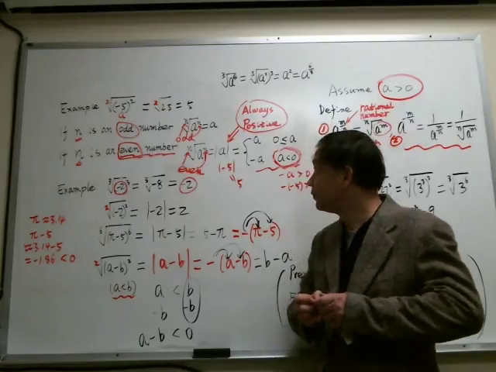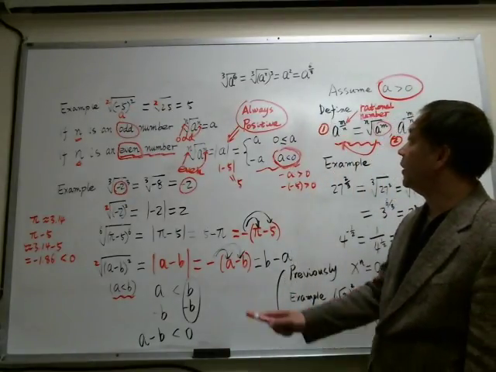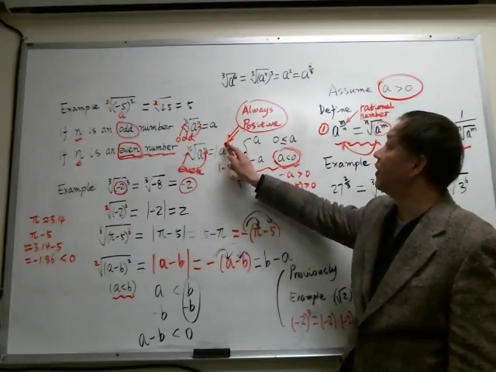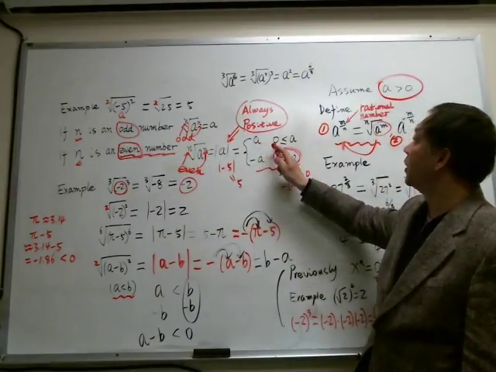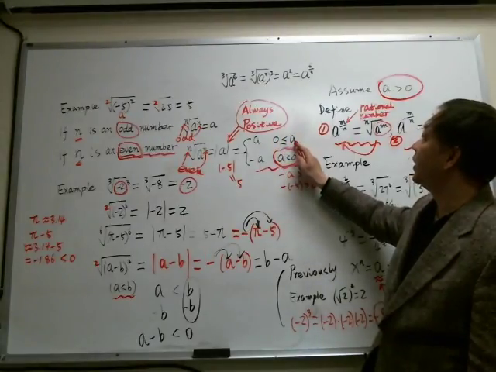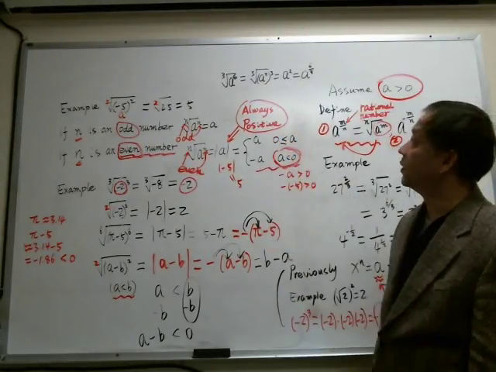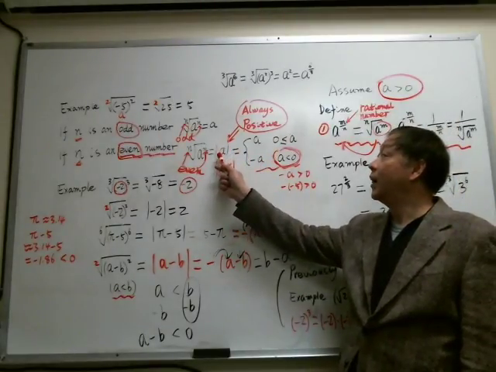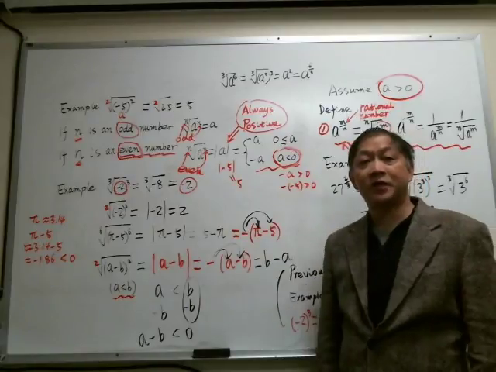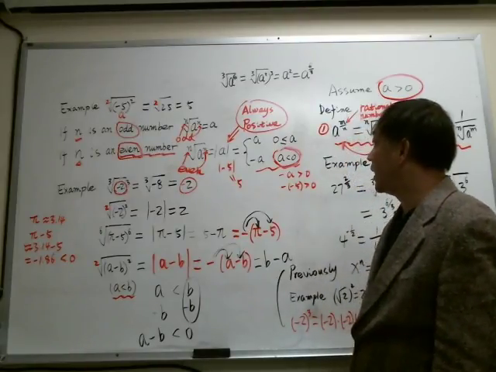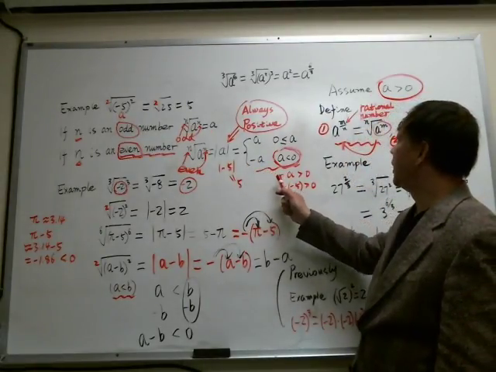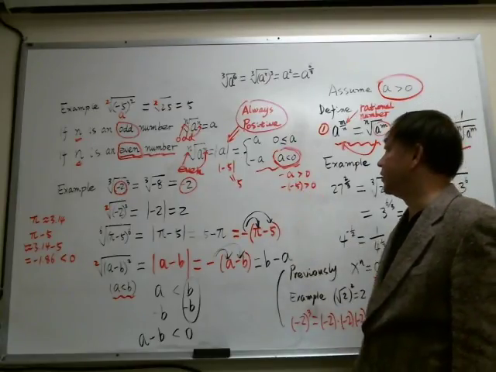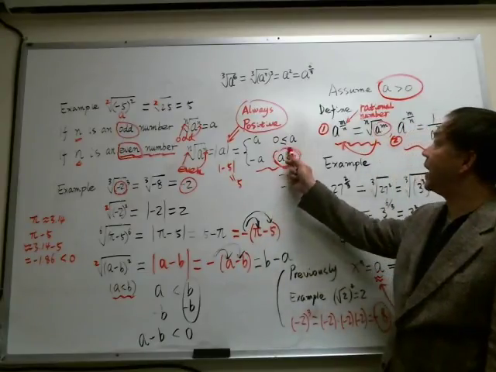So if a here is positive, then the absolute value of a, of course, is positive if a is greater than 0. If a is a negative number less than 0, then you put a negative in front of it.